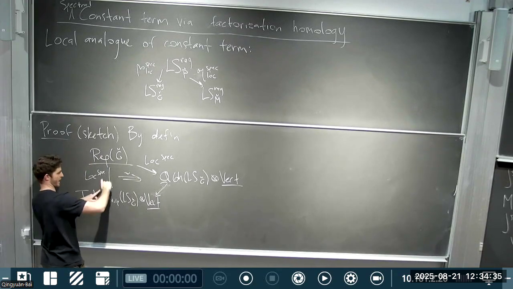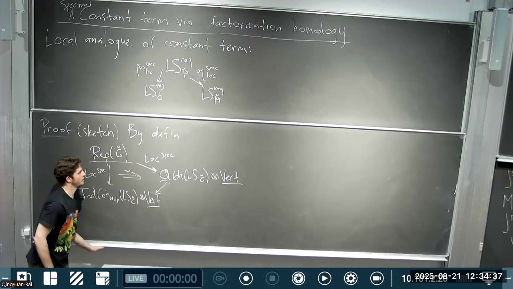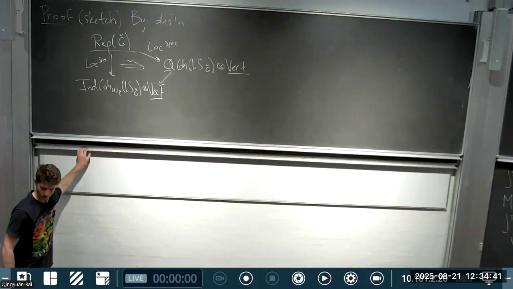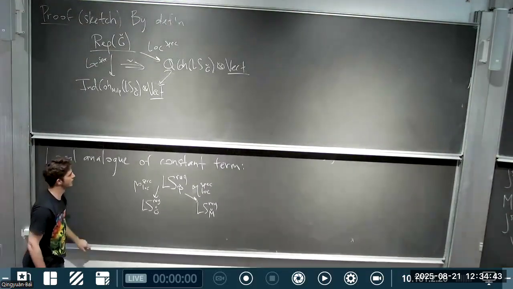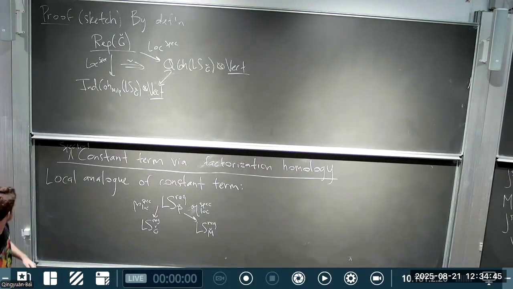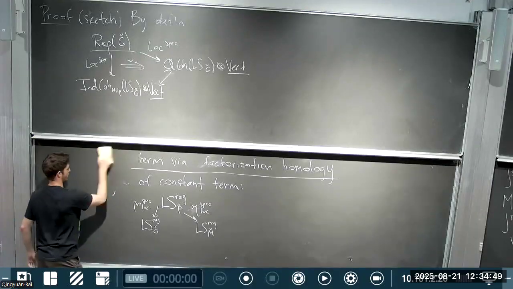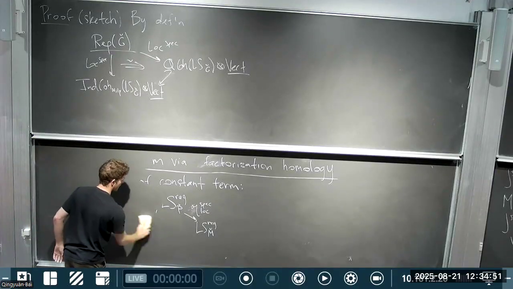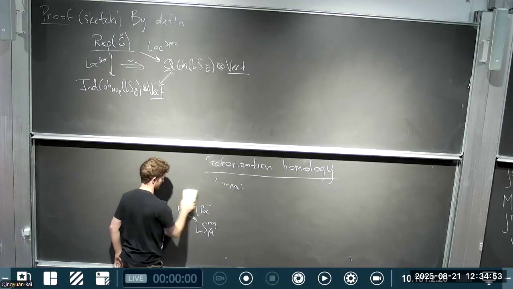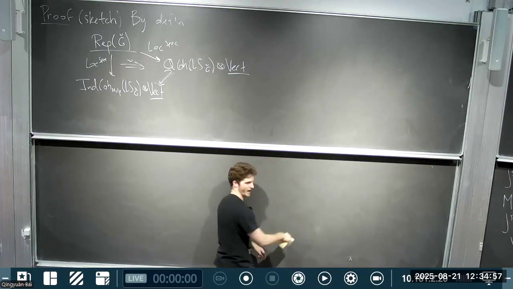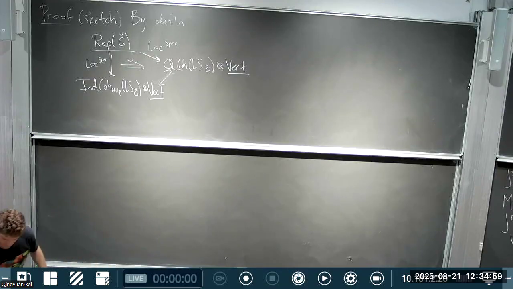And this is by definition this. So this means I can simply replace the bottom leg by the categories by QCoh when I make the following observation, which is that there's a QCoh version of constant term, and it's compatible with the IndCoh version in the following sense.